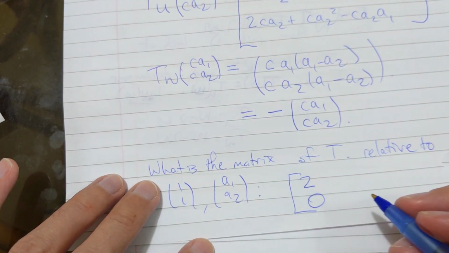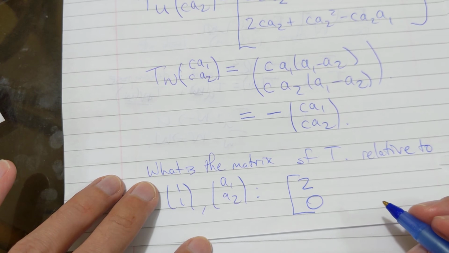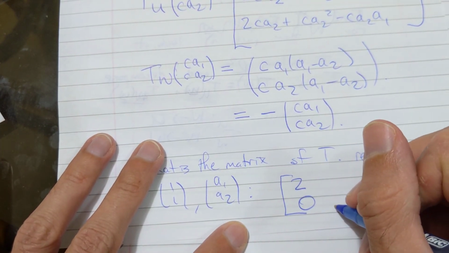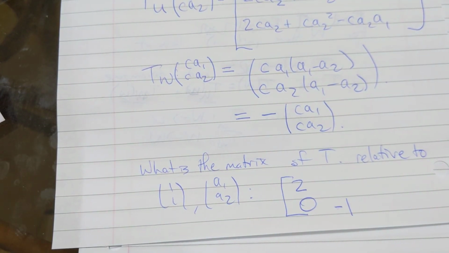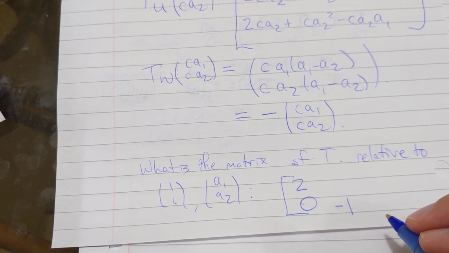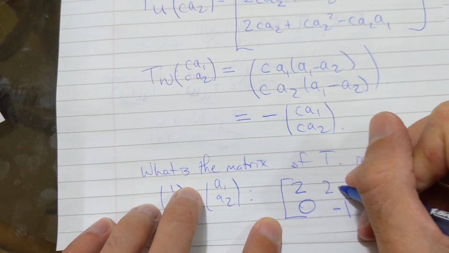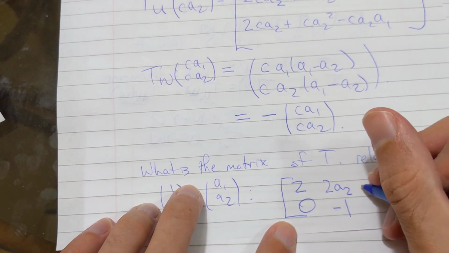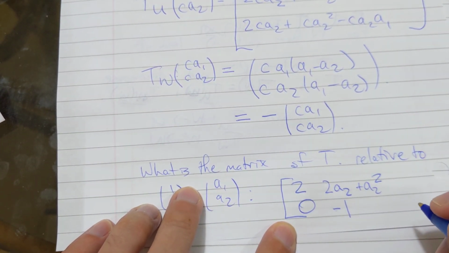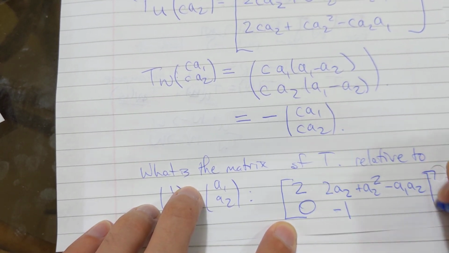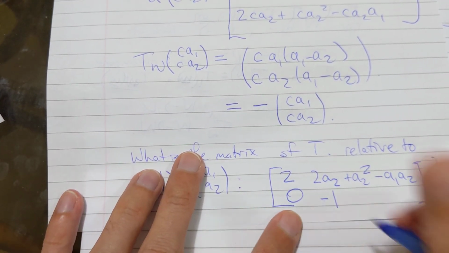And T of (A1, A2), we've already worked it out. It's just -1 times (A1, A2). And then something complicated here, which is 2A2 plus A2 squared, and then minus A1, A2.